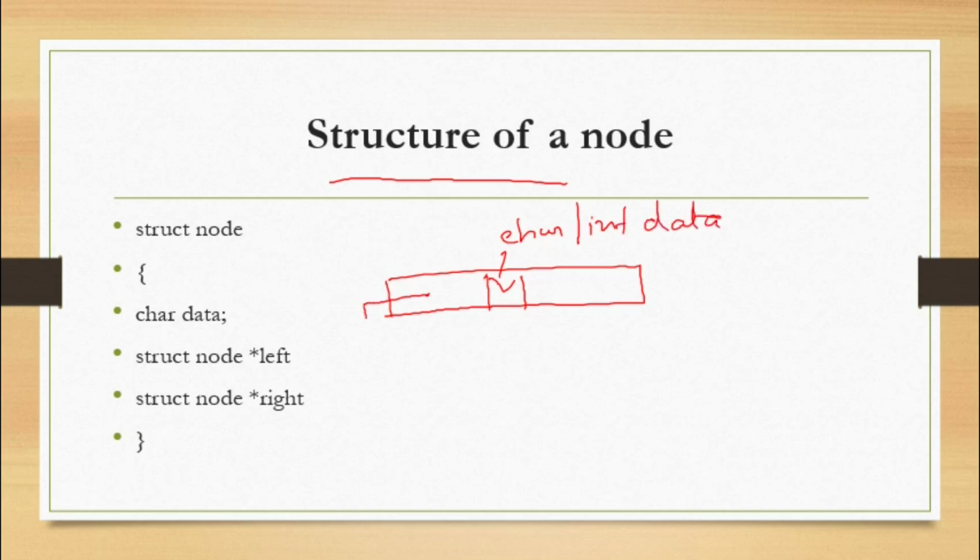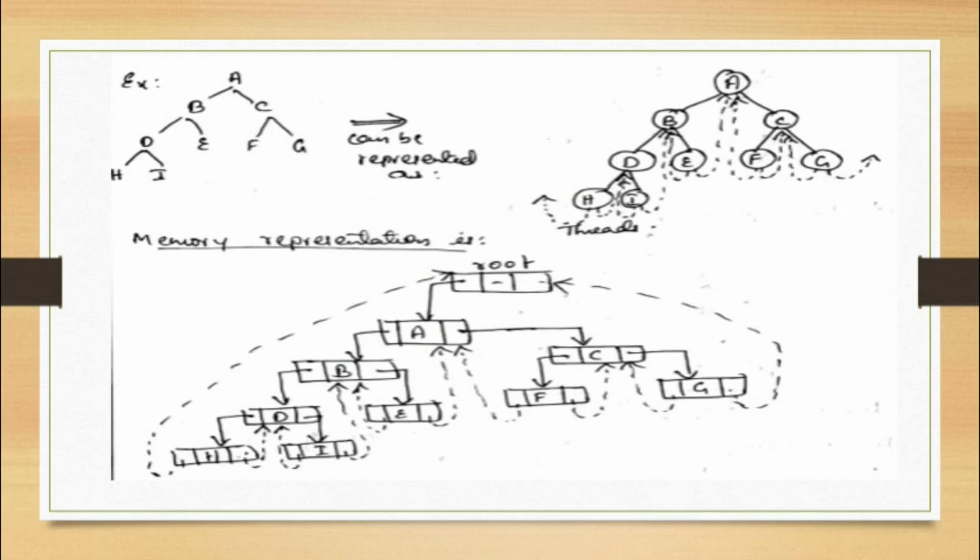It will have the left pointer, star left, and it also has the right pointer, star right, which is of type node. That is what we are understanding in this structure. So this is our node, and this is our example.